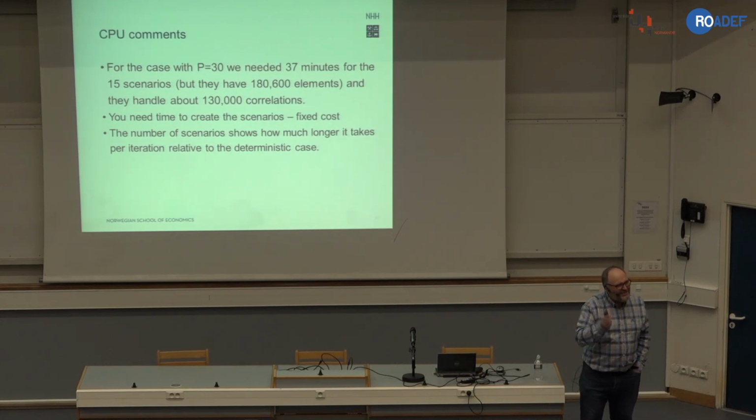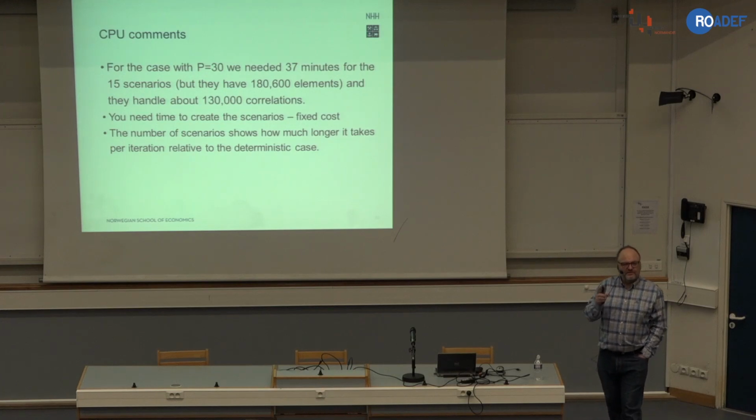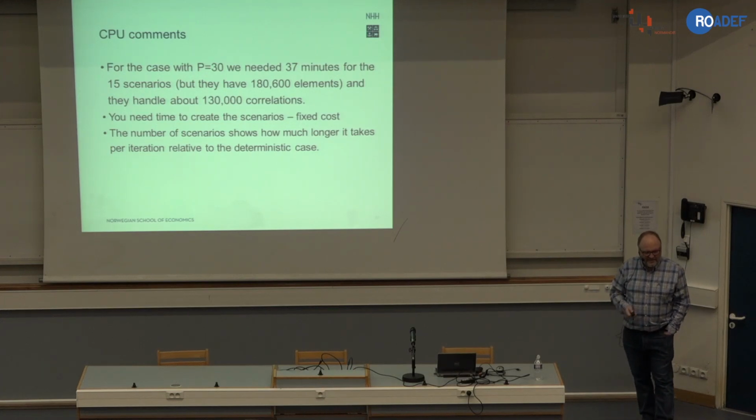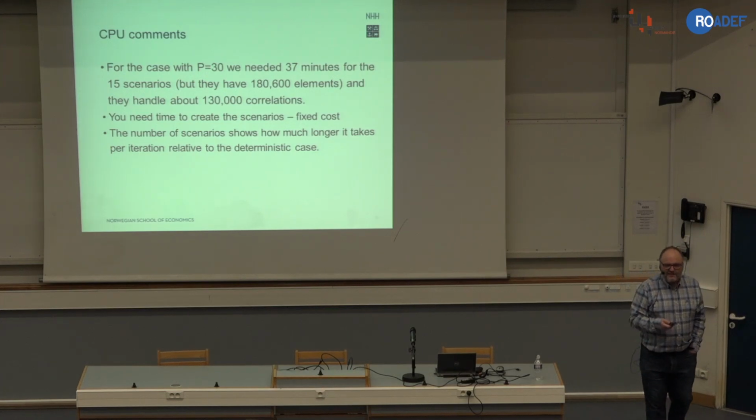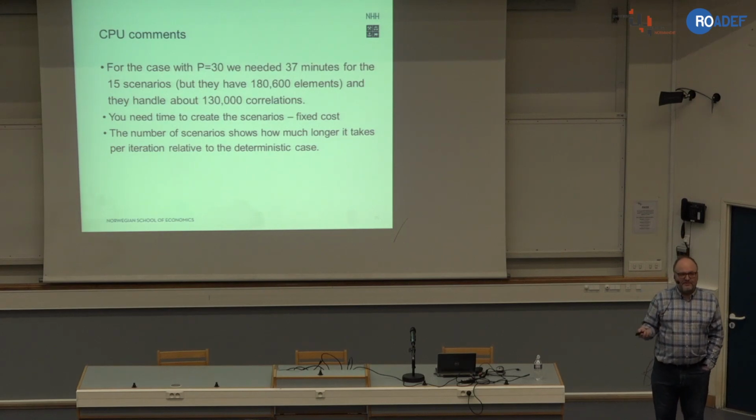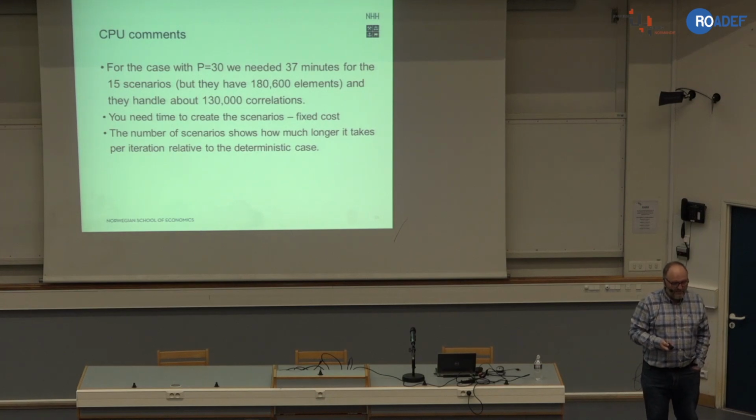So you can actually try your favorite VRP heuristic in this setting, and it would run about 15 times slower per iteration. I put it that way because I have no idea how many more iterations there would be, it depends on your method, it could be more or less. But each iteration will take 15 times more time, because you have to evaluate the solution on 15 scenarios instead of 1, which is the deterministic case.